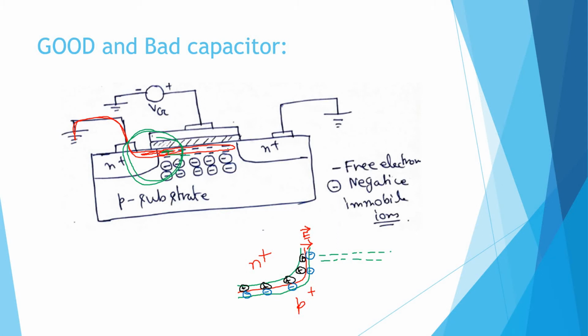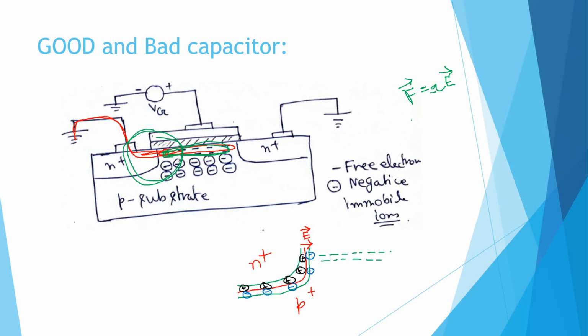You just consider this part. Below that there are negative immobile charges, which I am not considering. Now from the basic concept of physics, F equals Q times E vector, right? Now for electrons, what is the Q? Q is negative, so a negative sign will come.